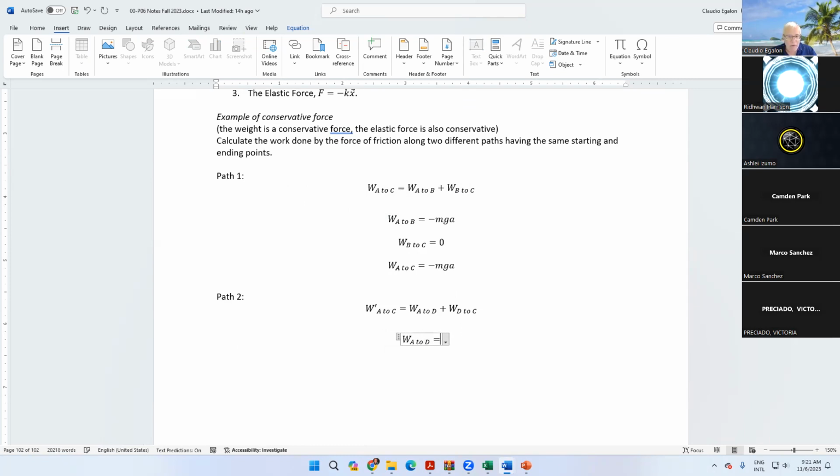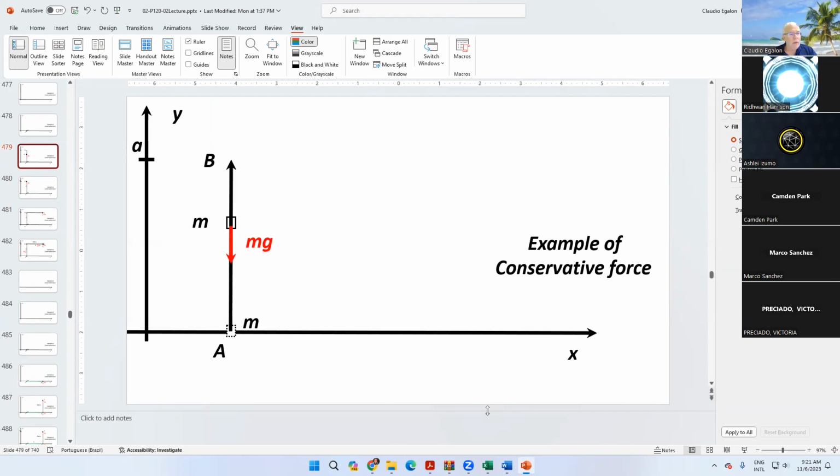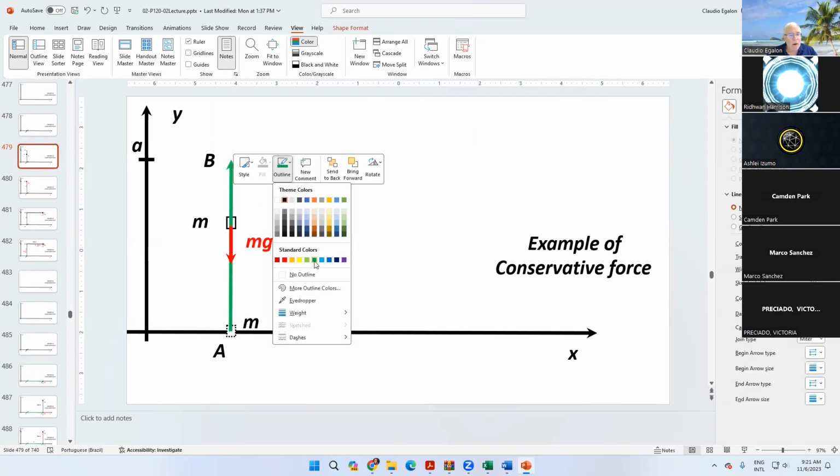And then we're going to do the same for A to D and from D to C. Always refer to the drawings. In order to make it look nicer and consistent, I'm going to make all those displacement vectors the same colors as we had before.